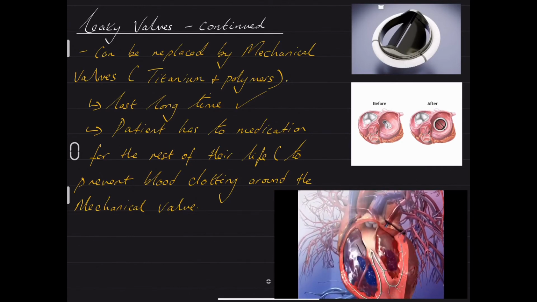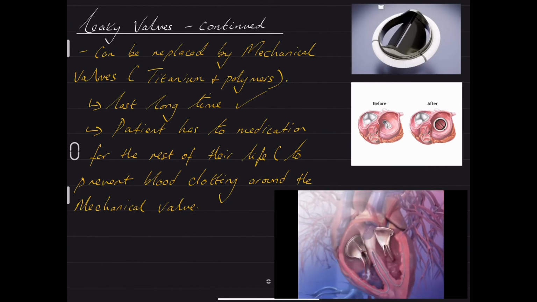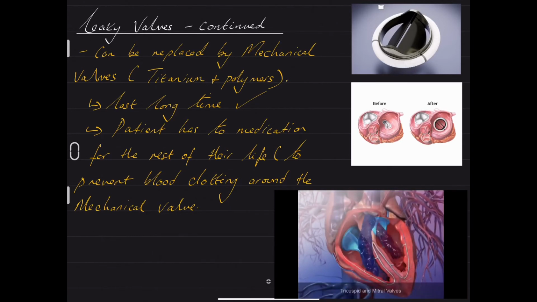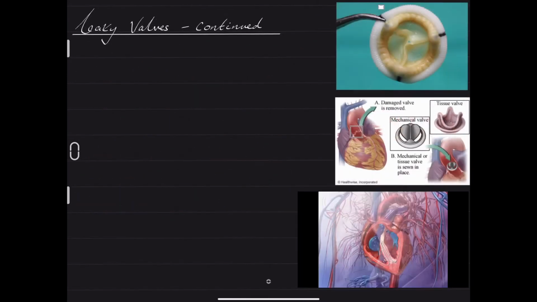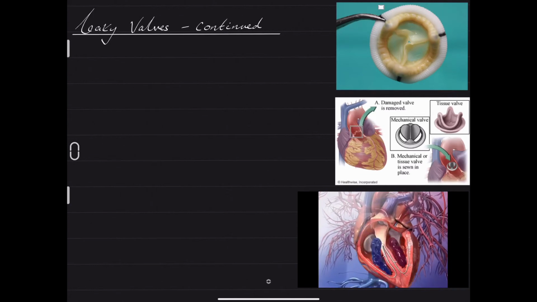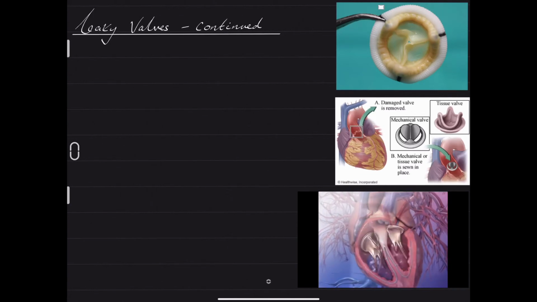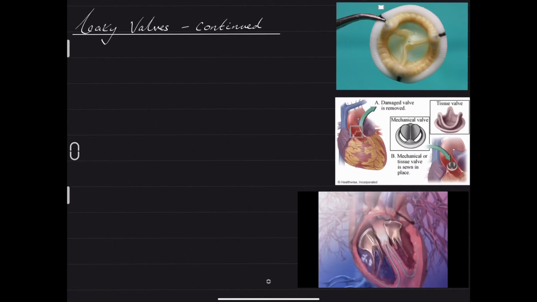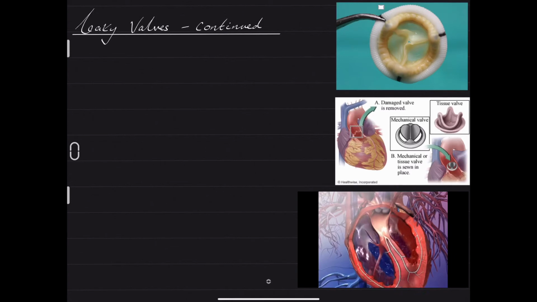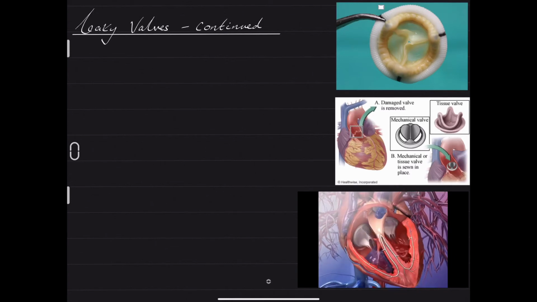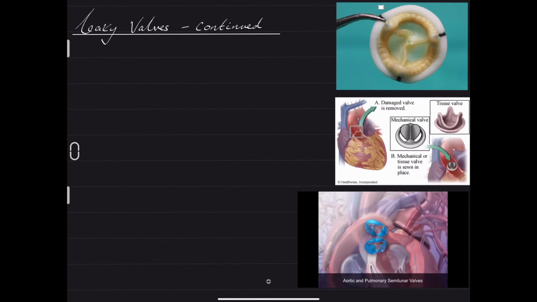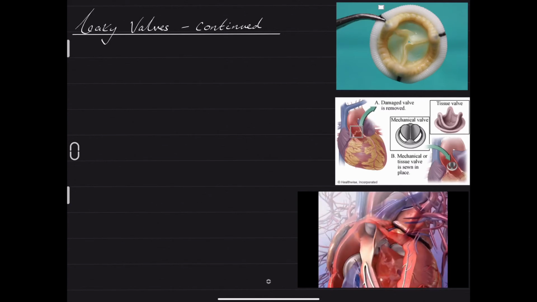You can see on the second picture, the diagram showing before and after the mechanical valve has been introduced. The other type of heart valve that can be used to replace a faulty valve is known as a biological valve. Biological valves are based on valves that have been taken from animals such as pigs or cattle, or you can also have human donor valves from another person.